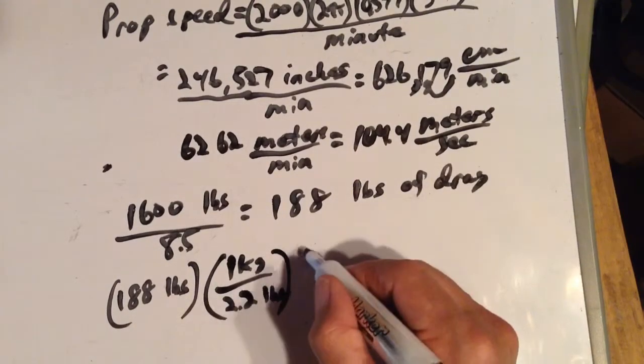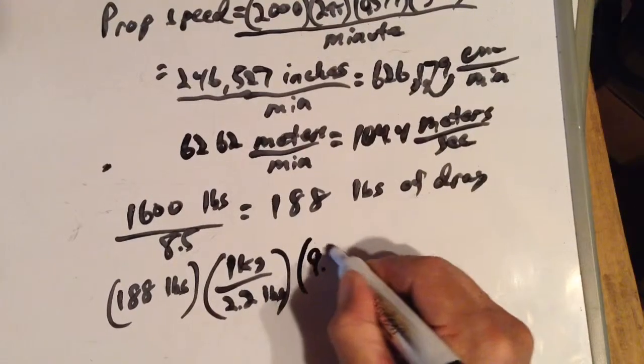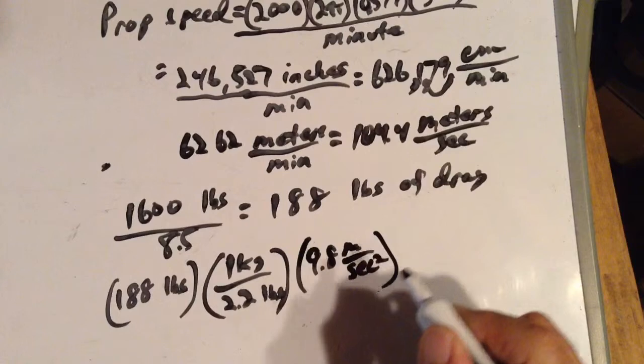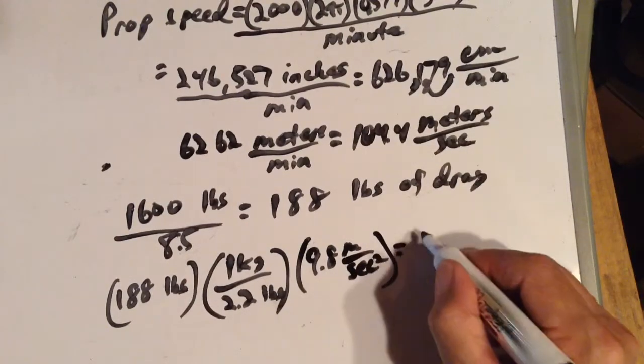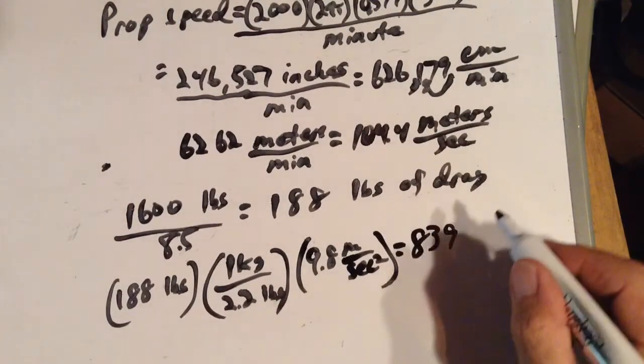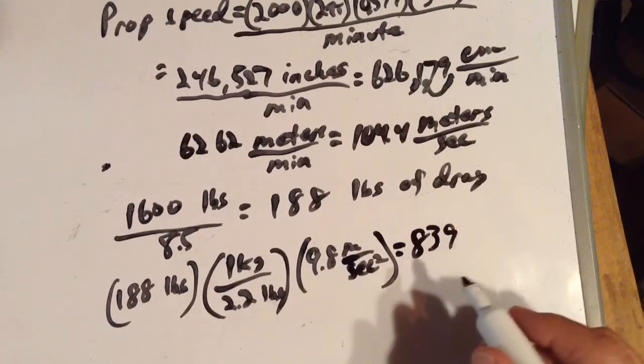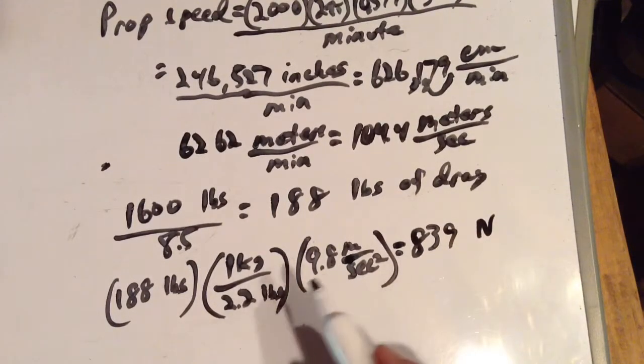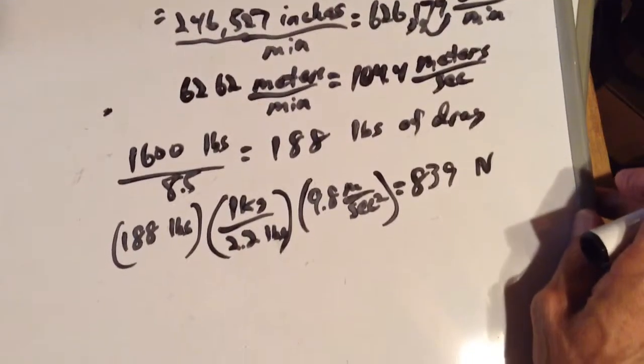Then we multiply by acceleration due to gravity, 9.8 meters per second squared, and that gives us 839 kilogram meters per second squared, or 839 newtons. So you can multiply 188 times 9.8 and divide by 2.2, or you can just multiply it times 4.45, same thing.